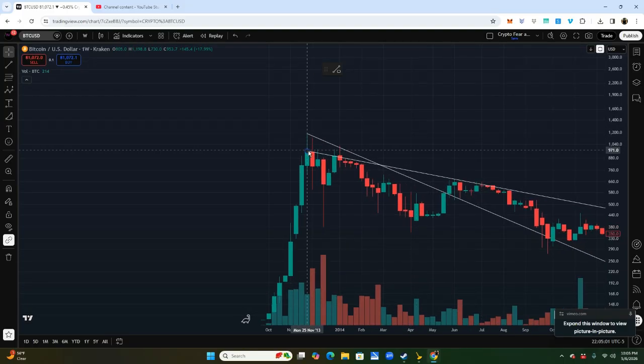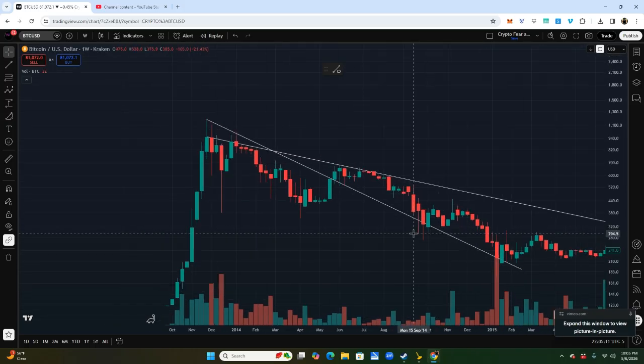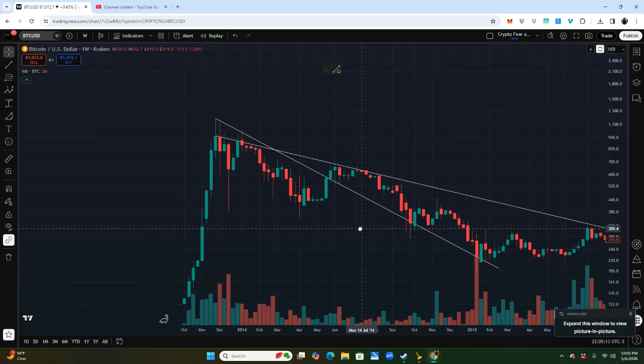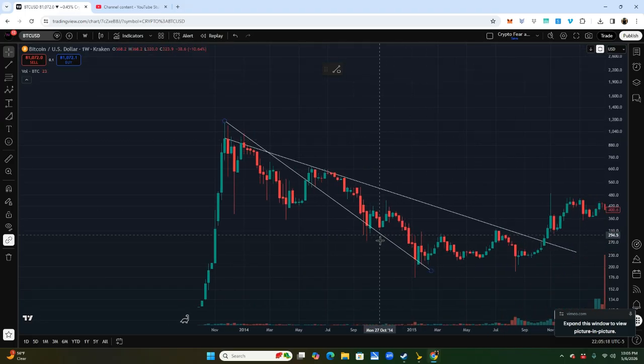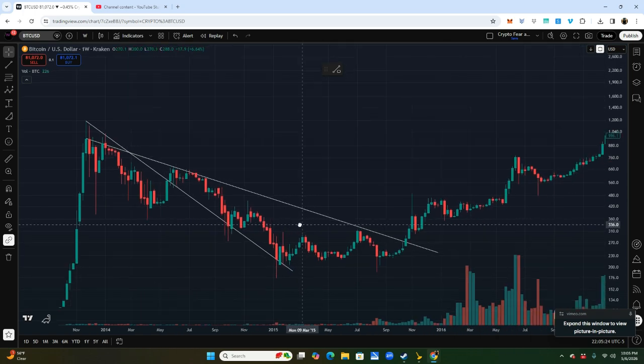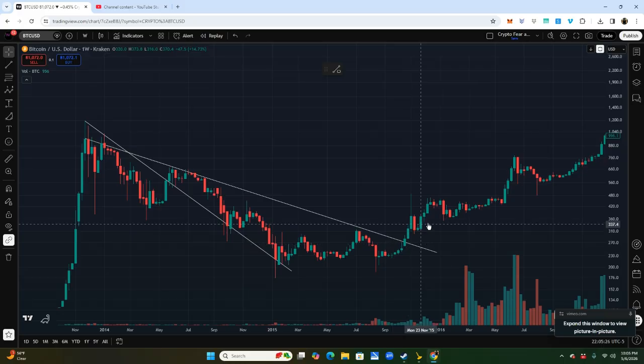Now right here you have 1, 2, 3, 4, pretty close to 5, and as time goes on you get more and more touches. So it becomes a stronger and stronger trend line as you go from there. It held this trend line really well here, and it held this trend line really well here. So the next one, you broke through.